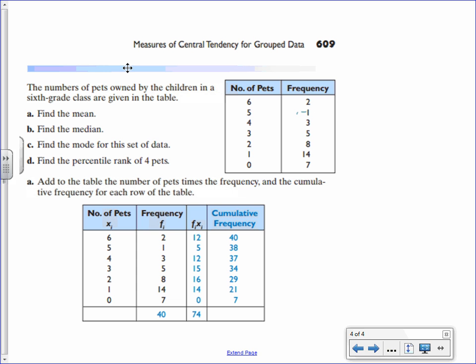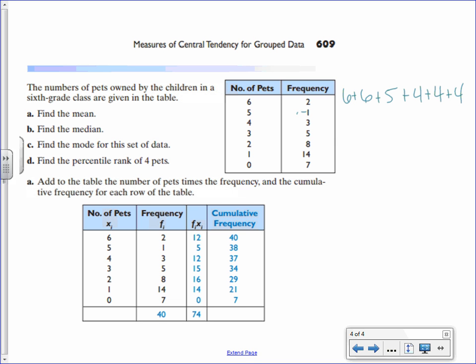Okay? So that's saying that 2 kids said 6. So instead of writing 6 plus 6, they write this. 1 kid said 5. 3 kids said 4. Okay, so this is kind of like the cheat table.